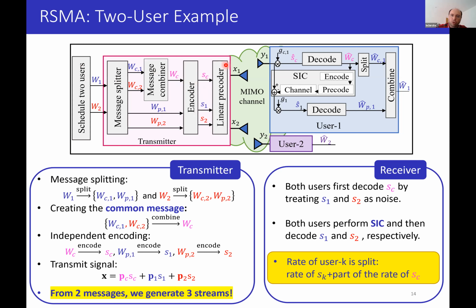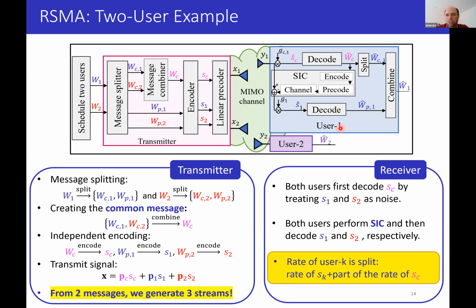And then we precode them, using classical linear precoding. What we end up with is a transmit signal that is PC multiplied by SC, the precoder of the common stream times the common stream, plus the precoder of the private streams multiplied by the two private streams. So from two messages, we create three streams.